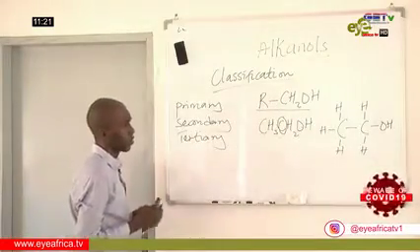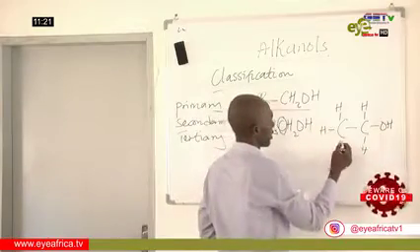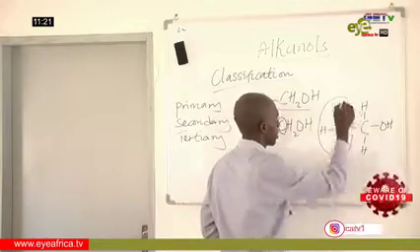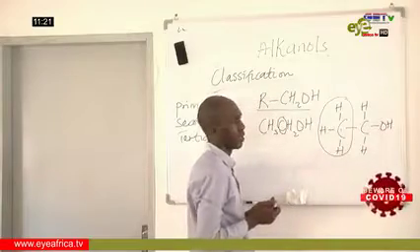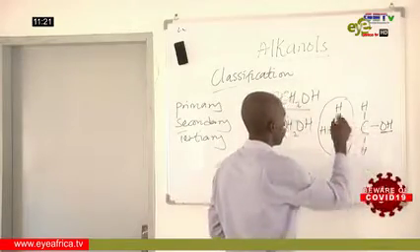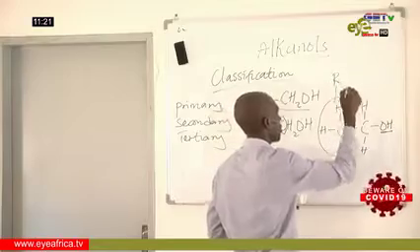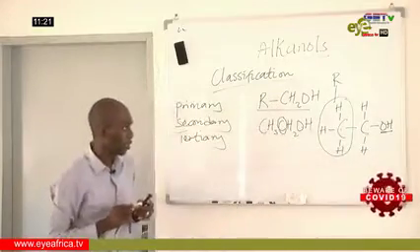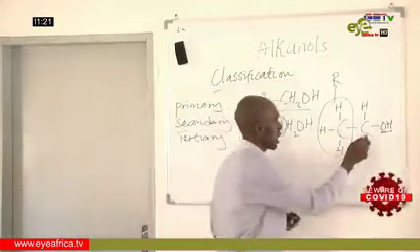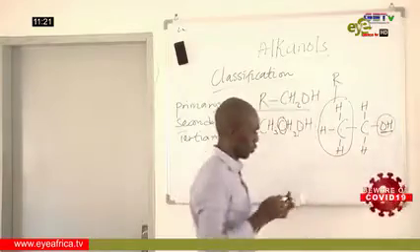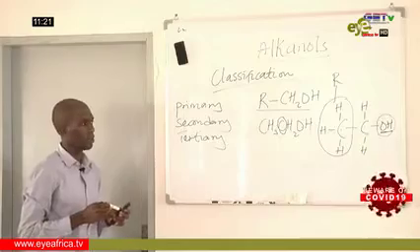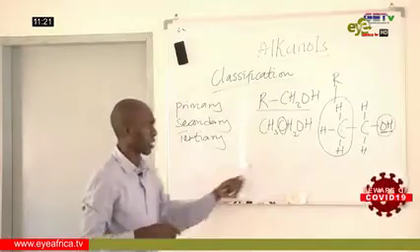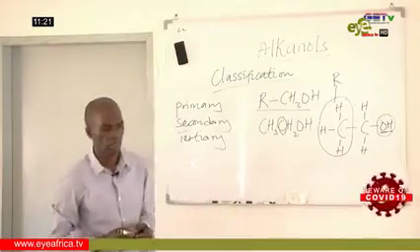Looking at this molecule, you can see there is only one carbon bonded to the carbon that bears the functional group, that is the OH. So this group here is your R group. Since there is only one R group attached to the carbon that has this OH, we refer to this as a primary alcohol. So this is ethanol, and ethanol is an example of a primary alcohol.